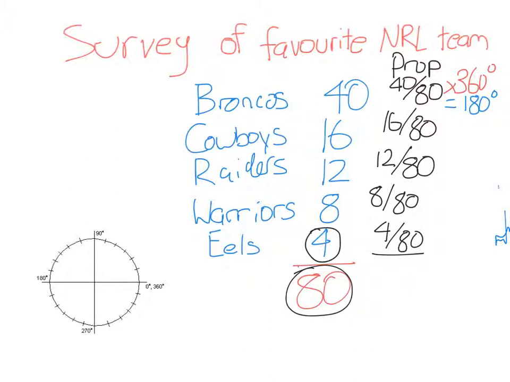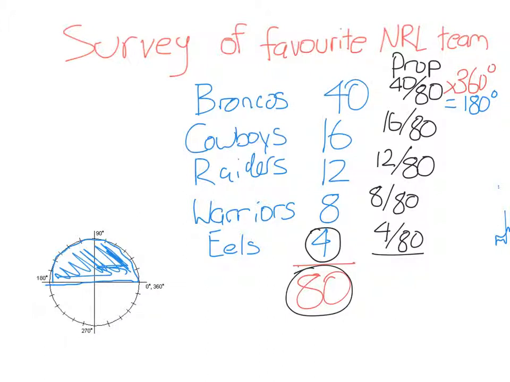So you might need your protractors for these. So I can draw this here is a 180 degree sector. So half of this sector is devoted to the Broncos. Now I do the same for the Cowboys. So their proportion was 16 over 80, which is a fifth. So I want to devote 1/5 of the circle, the pie chart, the sector graph, to the Cowboys.